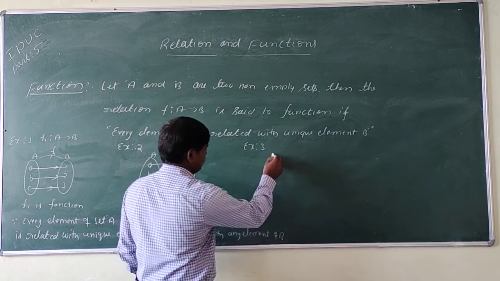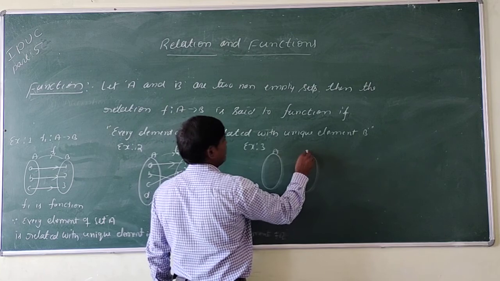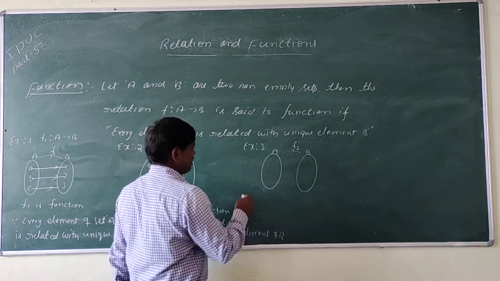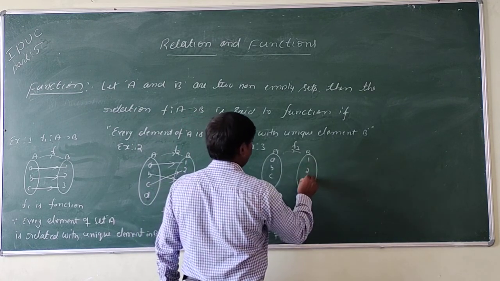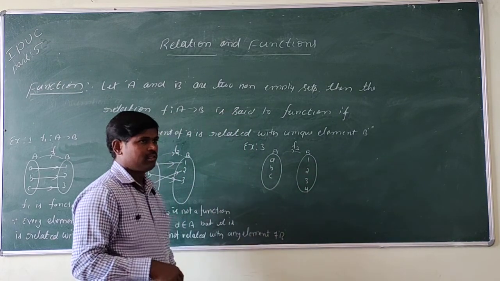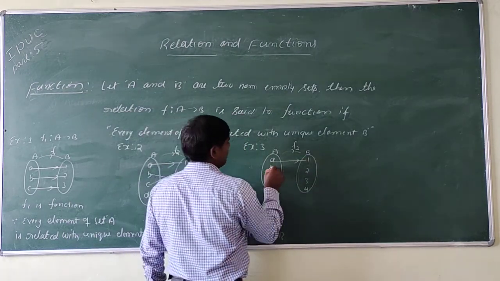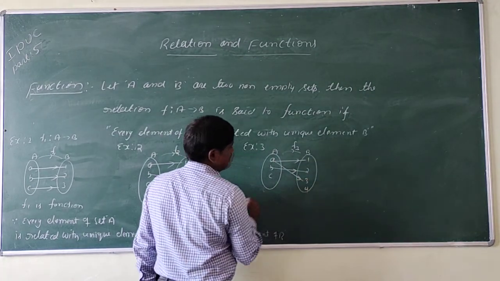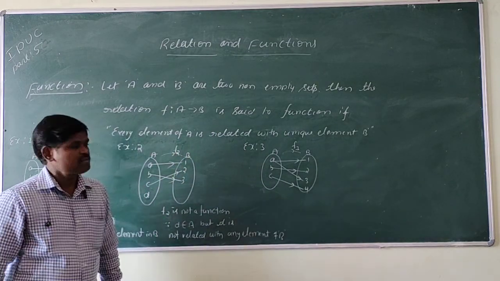Here this is set A and this is set B. This is F3. It consists of elements A, B, C, and 1, 2, 3, 4. A is related with 1, B is related with 2, A is related with 3, and C is related with 4.